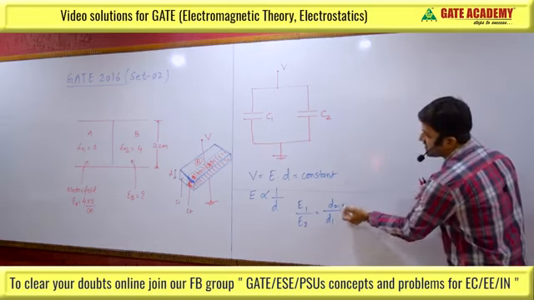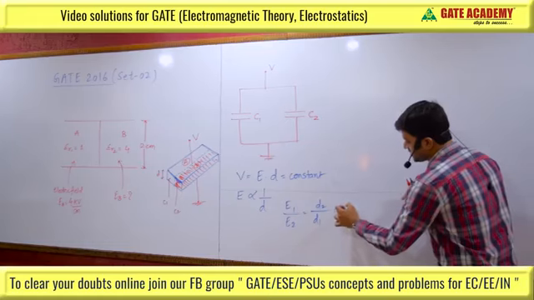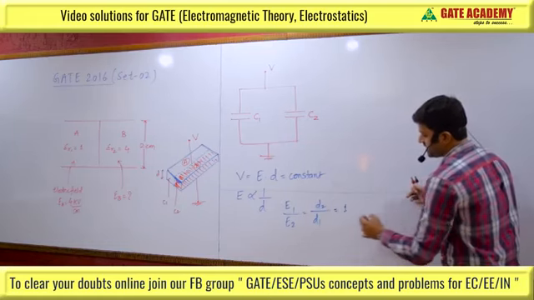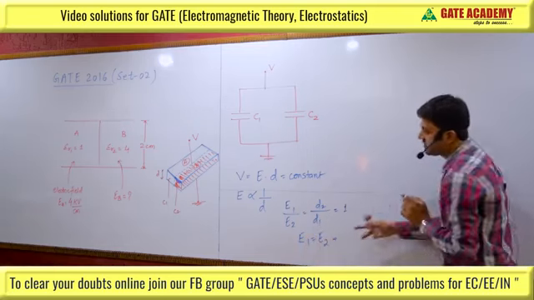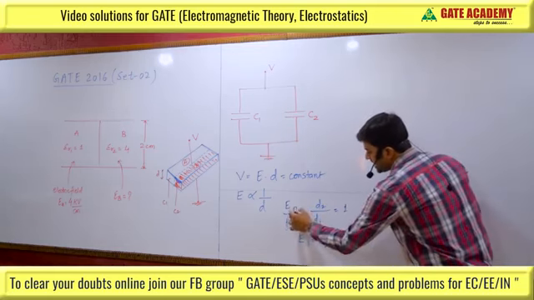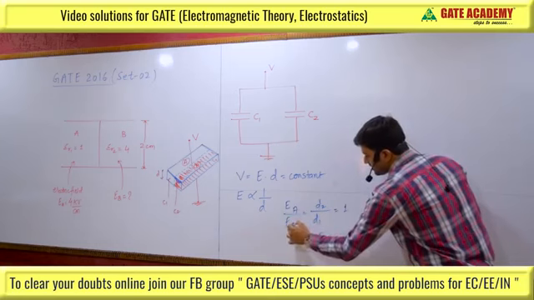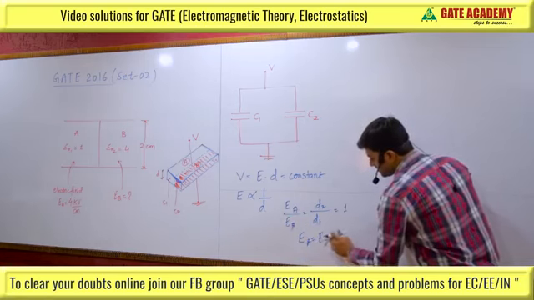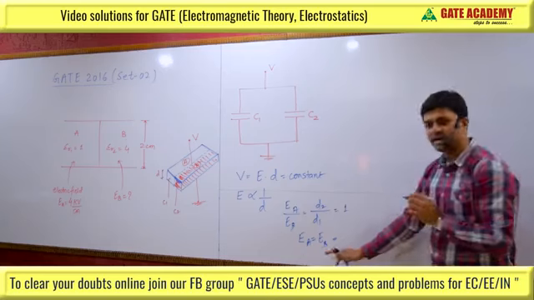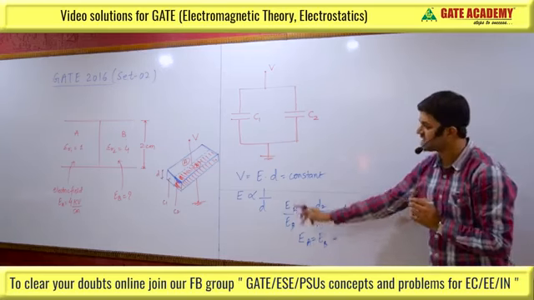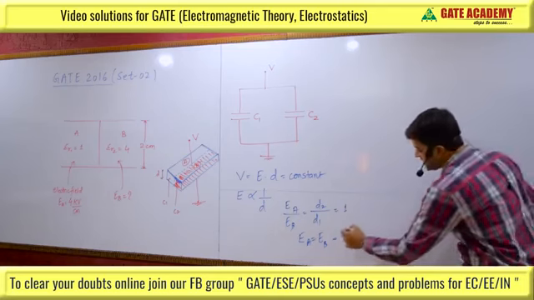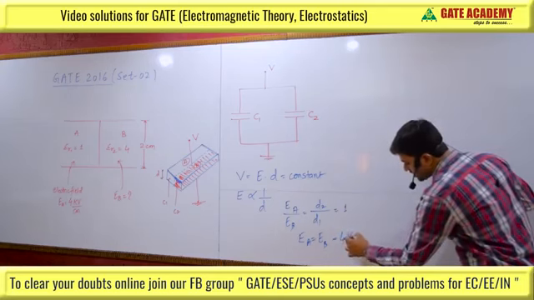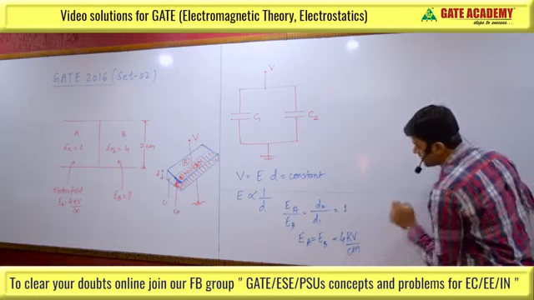So this is 5, this is 2, and this is also 2, so this will be 1. It means that E1 equal to E2, or we can say EA equal to EB, and the electric field of region A is given, that is 4 kilovolt per centimeter. So the electric field for region B is also 4 kilovolt per centimeter.